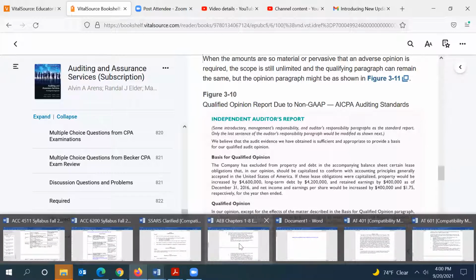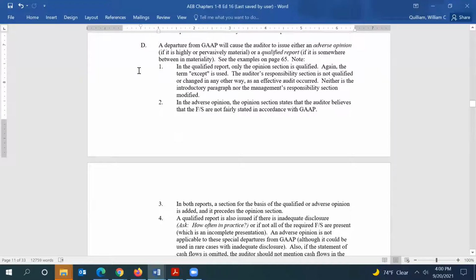With these departures from GAAP here in D, a departure from GAAP will cause the auditor to either issue an adverse opinion if it's highly or pervasively material, same thing, or a qualified report if it's somewhere in between in terms of materiality. That means it's not highly material. It certainly is not immaterial, but it's just in between. So again, we'll see the examples on page 55 that I just turned to in the book.